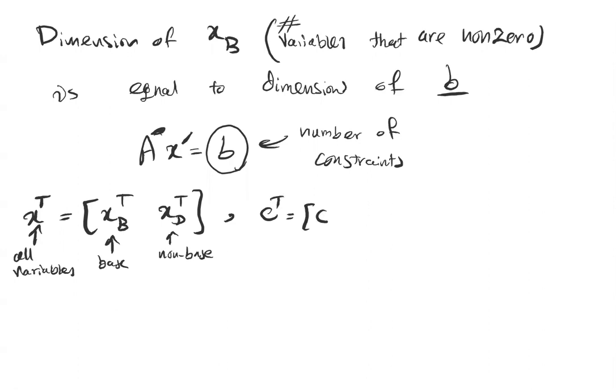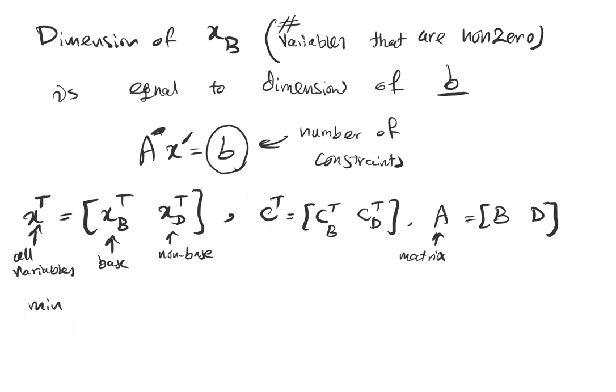So we break c, the vector of coefficients, into C_B transpose and C_D transpose. We also break A, the matrix of coefficients, into the coefficients for the base variables and the coefficients for non-base variables. Given all these, we are going to transform our original problem.